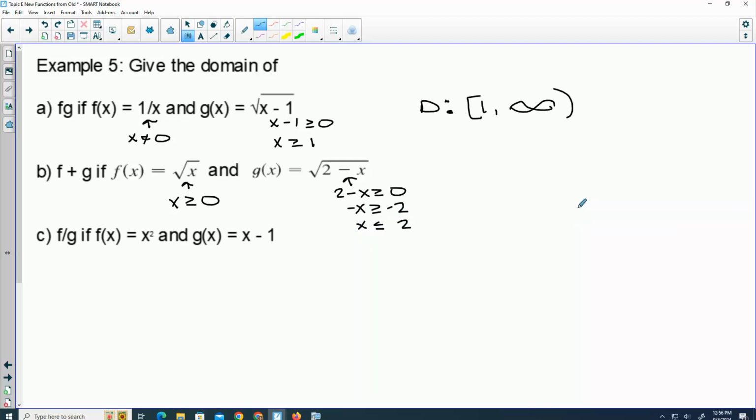So x is less than or equal to 2. So I have to put these together. The first one says everything bigger than 0, the second one says everything smaller than 2. So what numbers make both of them true? 0 to 2. So only numbers between 0 and 2 would work.